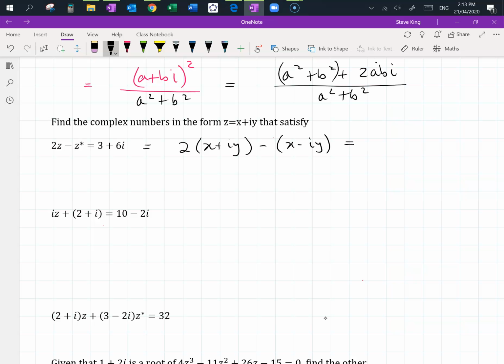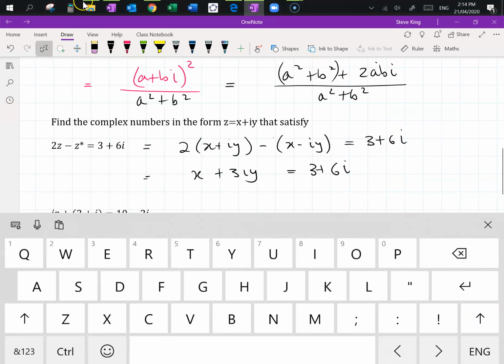And that's got to equal 3 plus 6i. Well, if I tidy this up, I've got two x's, take away one x, it's just going to leave me with x. I've got two iy's, minus a minus iy, minus a minus iy becomes a plus iy, so I'm going to get plus 3iy, and that's going to be equal to 3 plus 6i.